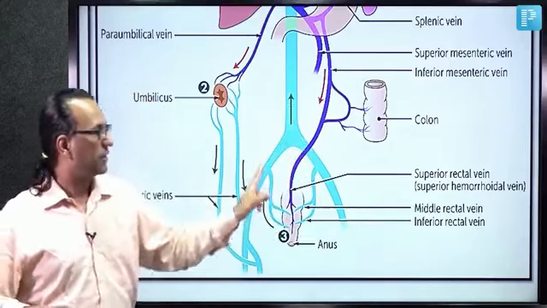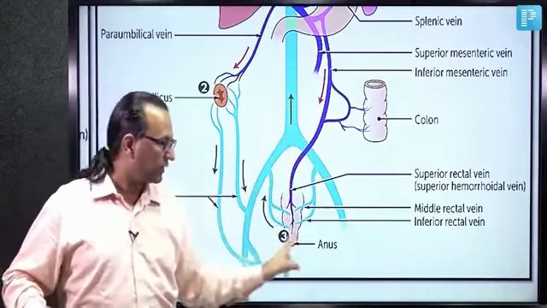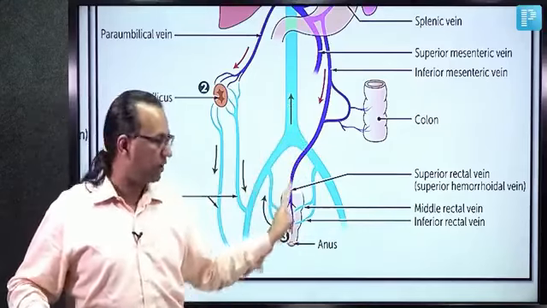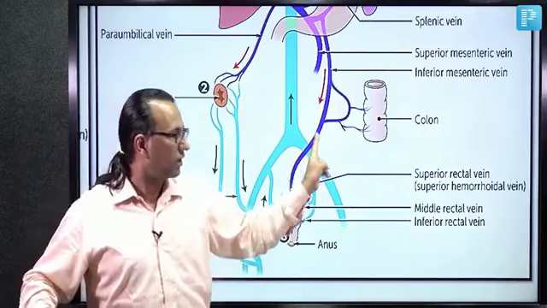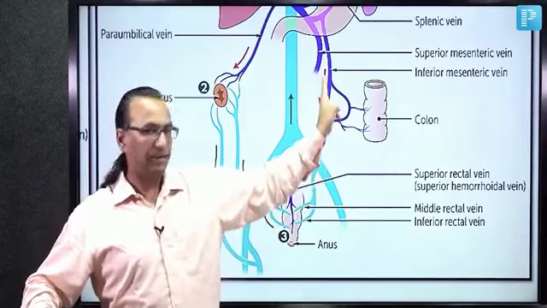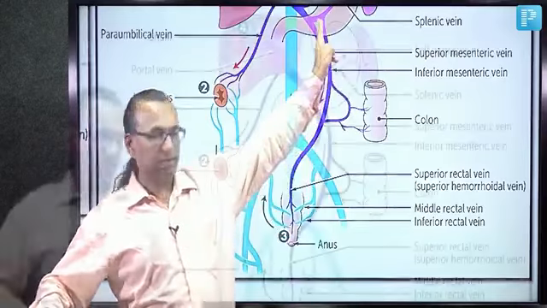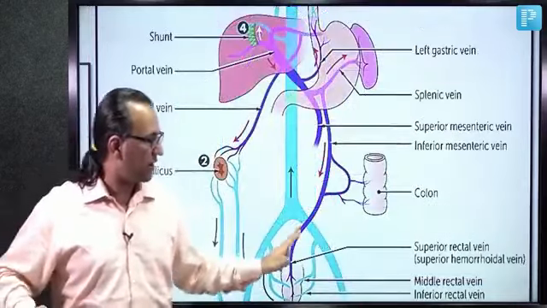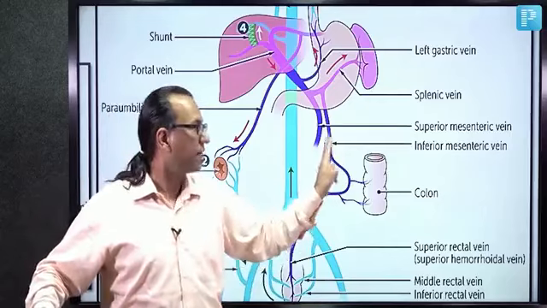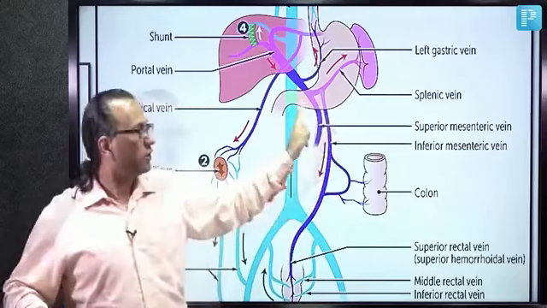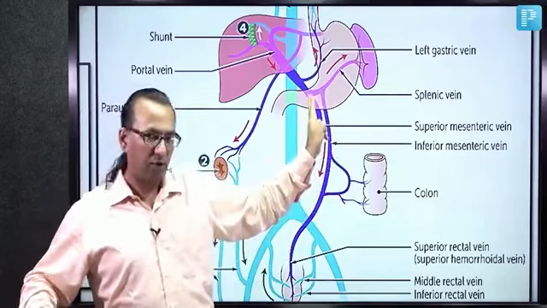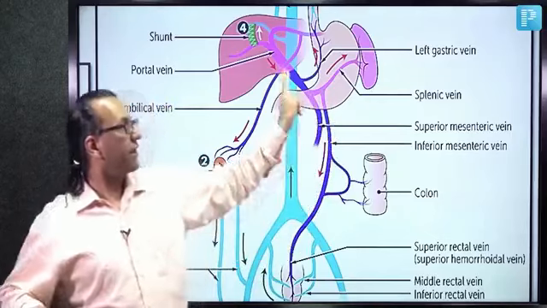So that will be systemic circulation. But the superior rectal vein, which is portal venous circulation, will drain into the inferior mesenteric vein, which will then drain into the splenic vein. And as the inferior mesenteric vein drains into the splenic vein, it will be joined by the superior mesenteric vein, together forming the portal vein and draining into the liver.